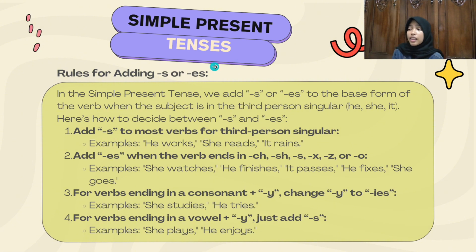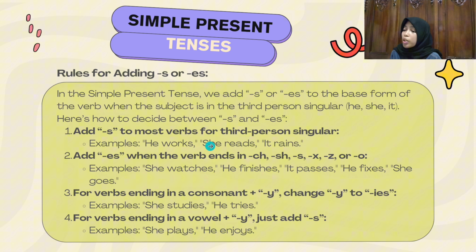In simple present tense, we have rules for adding s or es. We add s or es to the base form of the verb when the subject is in the third person singular, he, she, and it. Okay, here is how to decide between s and es. The first one is to add s to most verbs for third person singular.